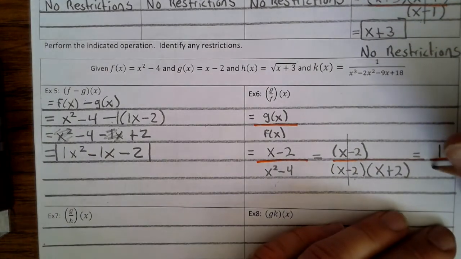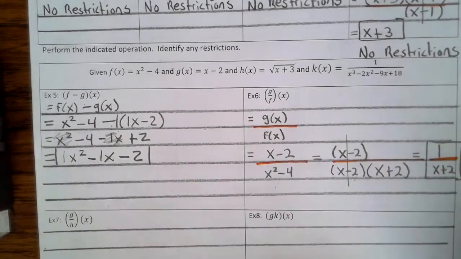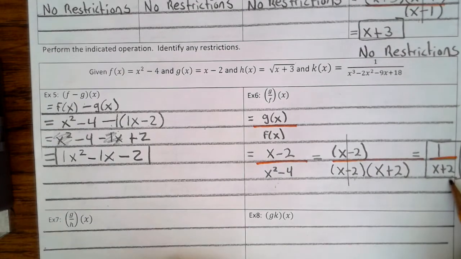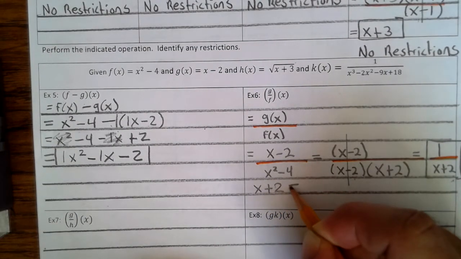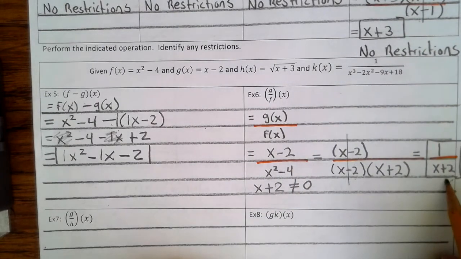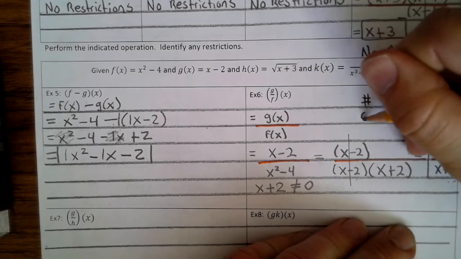Now, because you have a denominator, we need to set the denominator x plus 2 not equal to 0, because the denominator can't be 0, because a number divided by 0 is undefined.